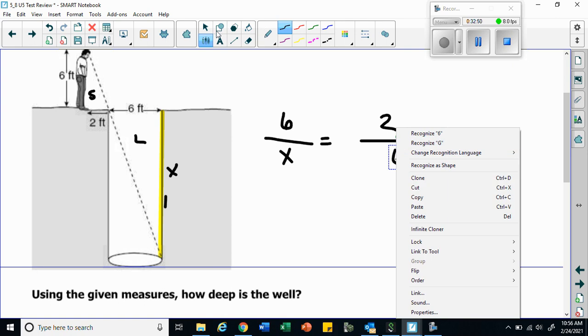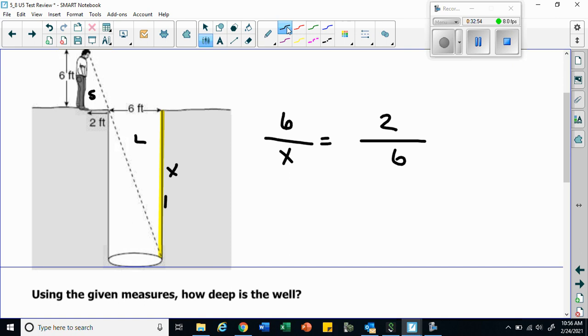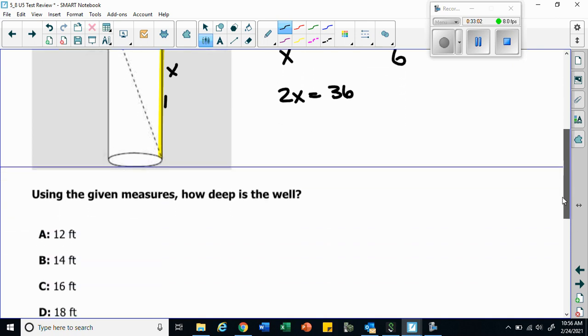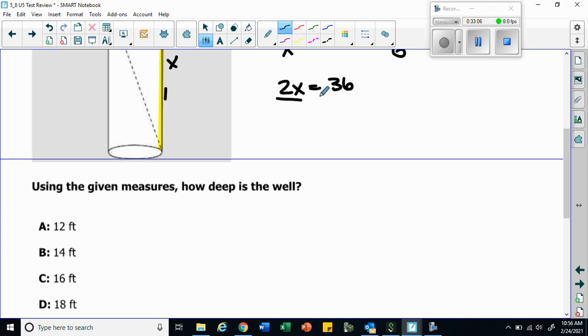All right, and then I'm going to cross multiply. So then I have 2x, and 6 times 6 is 36. I'm going to divide each side by 2. And then once you do that, you will find your answer.